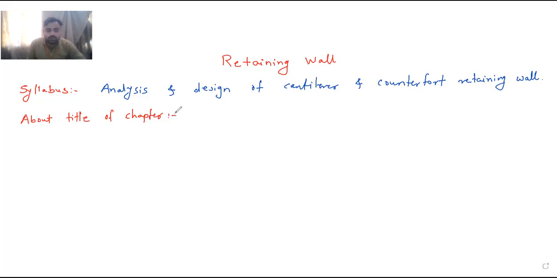Retaining wall is the soil retaining structure.